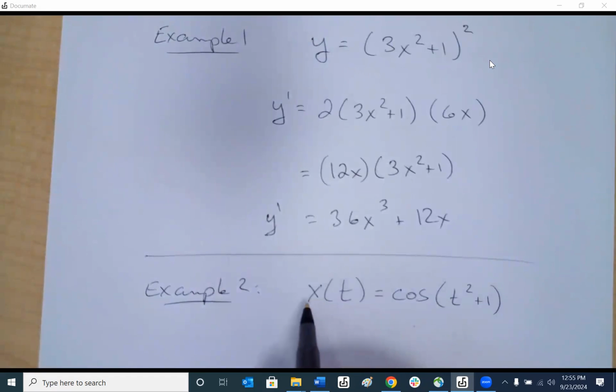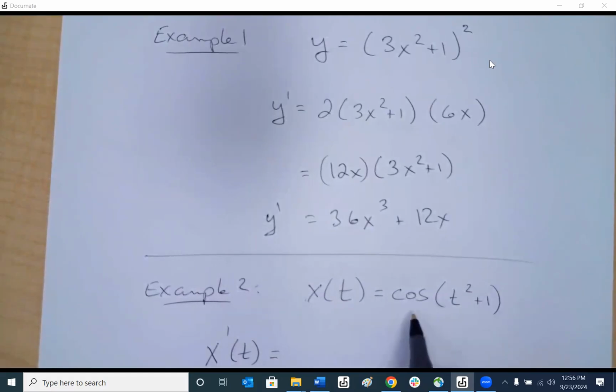Since this is the function that says it moves along that line, this is your position function. How do you find the velocity? First derivative. Because this is your position function, that's s. So we'll take the derivative of cosine of t squared plus 1.